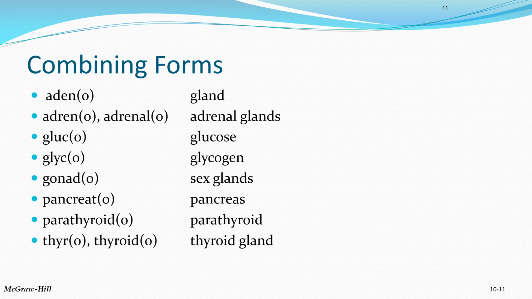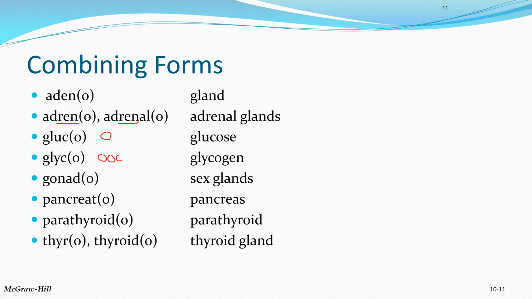All right, let's get into the terms. So aden, that's gland. So remember adenohypophysis, that's the anterior pituitary. Adrenal, added to the renals, are your adrenal glands. So just look out for the R, adren. Glucose, glycogen. So glucose is usually just one sugar by itself.